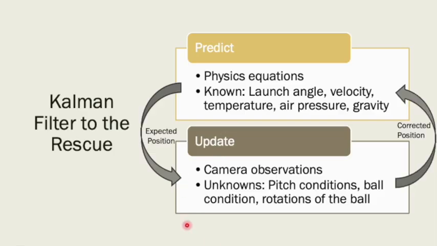The Kalman filter then takes the calculated position and combines it with our observed position based on the confidence we have in each, and also updates the physics model as a result. Confidence in the calculated position varies in different regimes of flight of the ball, whereas confidence in observed positions by the camera may be affected by things like motion blur or pixel errors. Basically, the Kalman filter balances what the math expects versus what the camera sees.